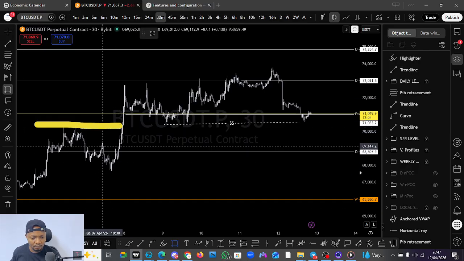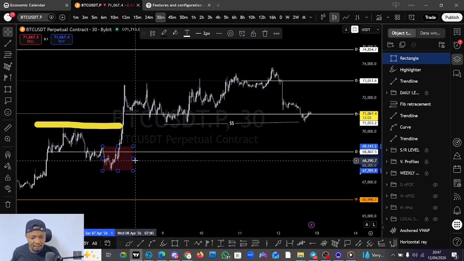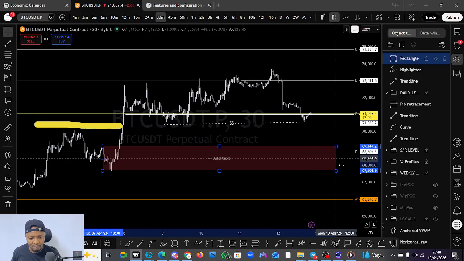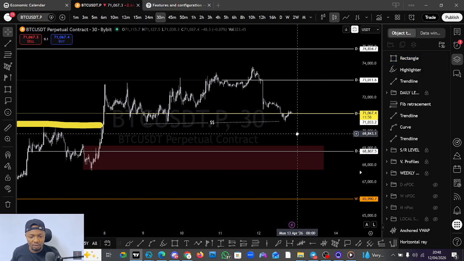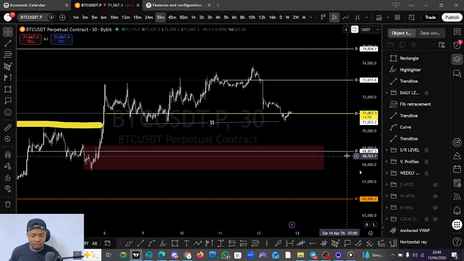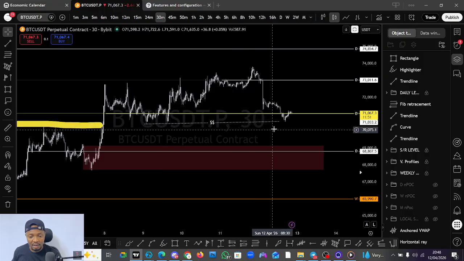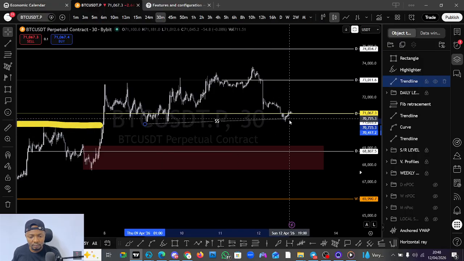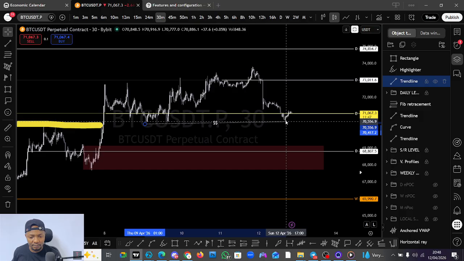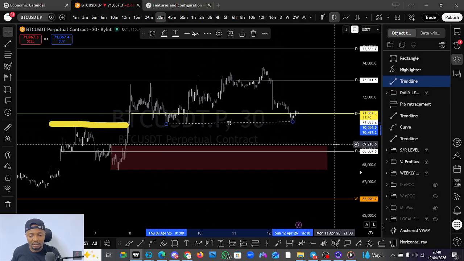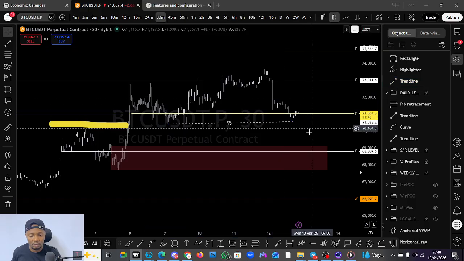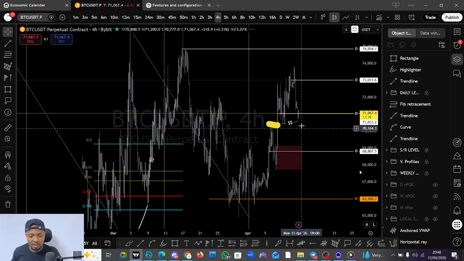So this is the entire range, and it's already in confluence with our daily horizontal support level, but we don't need to take it that far. If we have to be more conservative with it, looking at this on the 30 minutes time frame, zooming in, or let's go back to the 4 hours time frame to check it out.